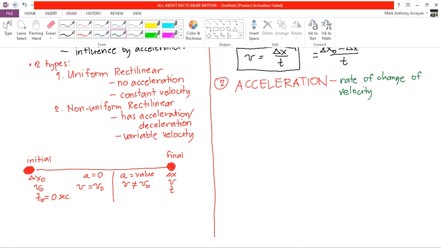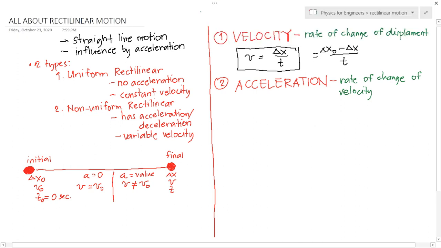So in symbol pala, class, our acceleration is represented by a, which is equal to the change in velocity all over time. Then the change of velocity is just simply the difference between the final velocity minus the initial velocity all over time. So take note of this one. This is our formula for the acceleration. So binabakso talaga to para ma-take note nyo.